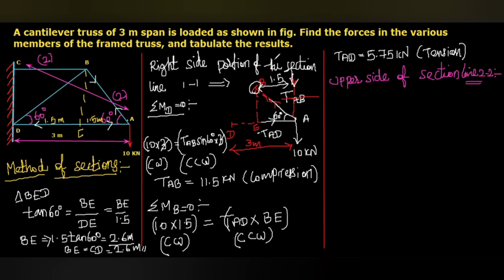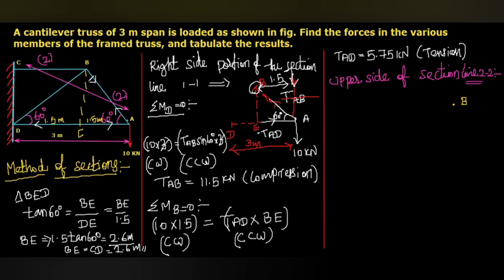I just draw the free body diagram here for our understanding. Here point B is there. As we discussed earlier, the upper side of the section line 2-2, that only we are going to consider.